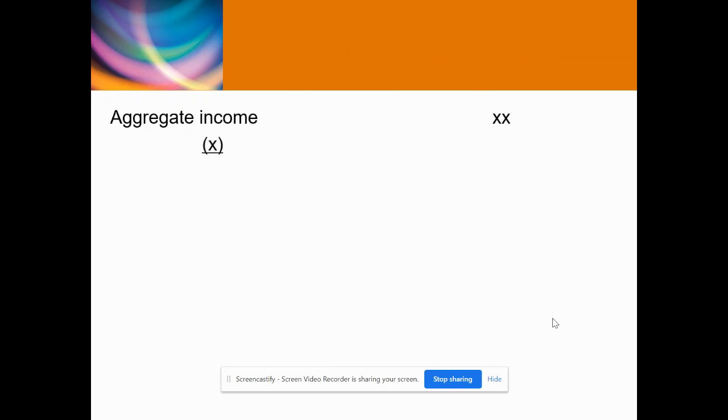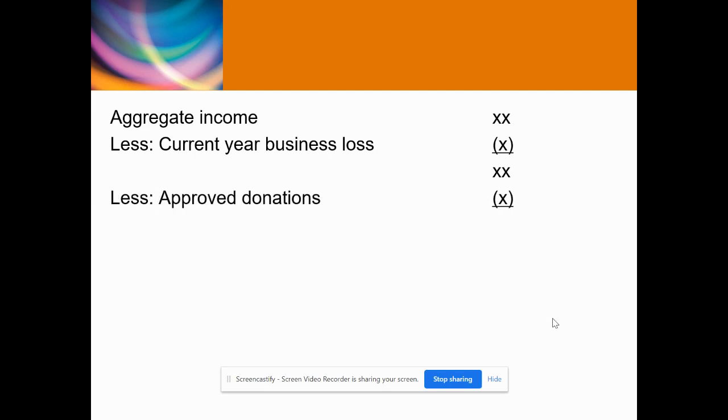The different sources of income will give you an aggregate income. This is for an individual. And when we have current year business losses, it will reduce your chargeable income. If we have approved donations, we can deduct them here. That will give you a total income.